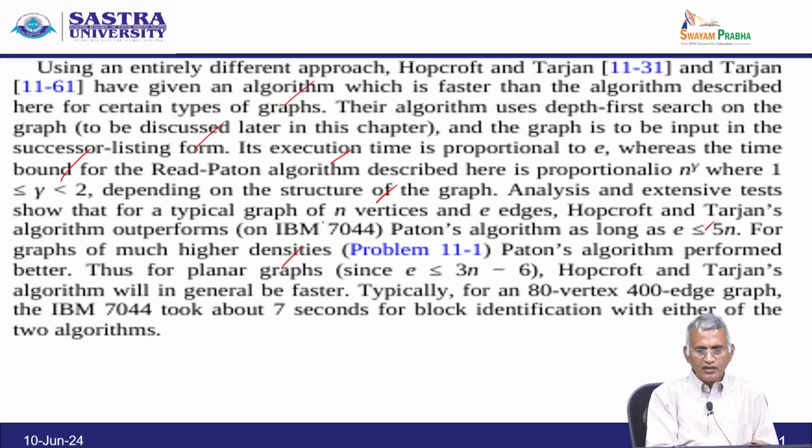Thus, for a planar graph with E less than or equal to 3n minus 6, Hopcroft and Tarjan's algorithm will generate blocks faster, and typically for an 80 vertex 400 edge graph, the IBM 7044 took about 7 seconds for block identification with either of the two algorithms.